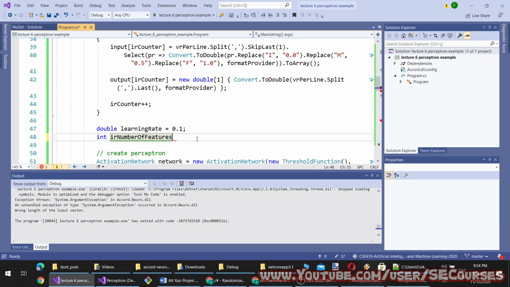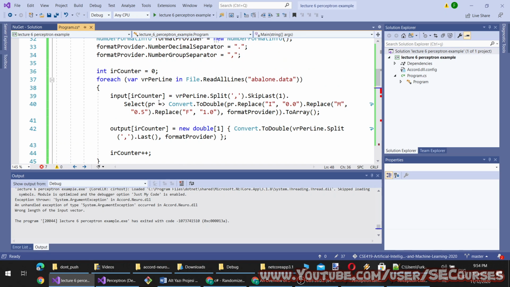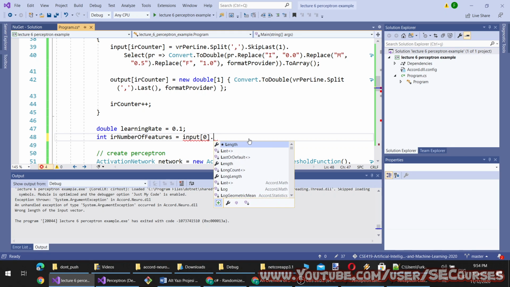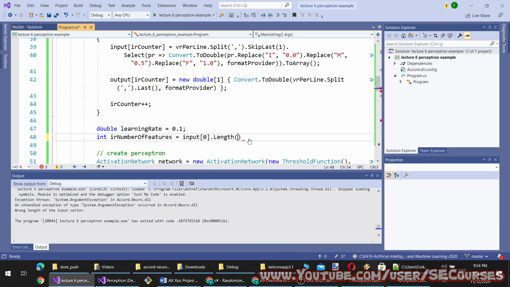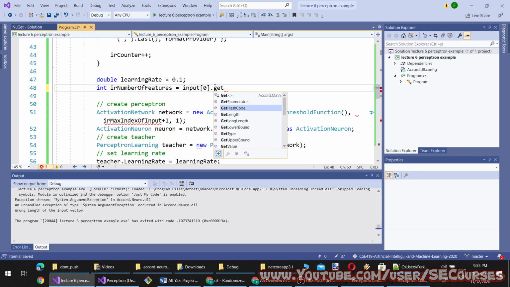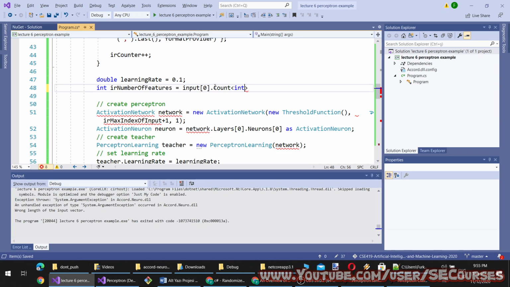Our number of features, I'm going to set it dynamically, which is [0].Length. Okay, count. Okay, this should be dynamic to get it.